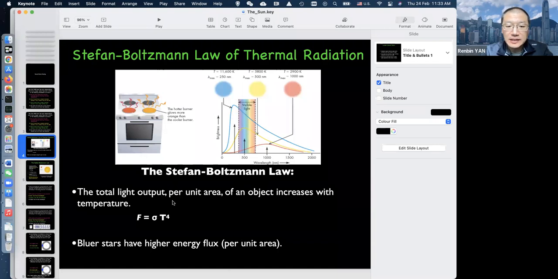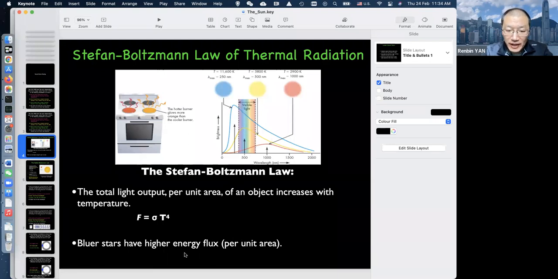The intensity increases with temperature to the fourth power. So basically, if your temperature doubles, then the intensity of light increases by a factor of 16. The bluer star will have a much higher energy flux than the redder star.